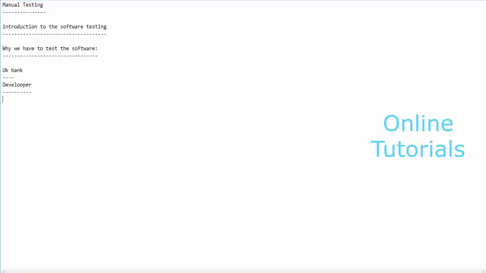Every month, the interest should be added to the principal, the amount taken as a loan. But the developer made a mistake: instead of adding the interest to the principal, it was deducting. Instead of a plus symbol he had given a negative symbol, which is nothing but deducting.